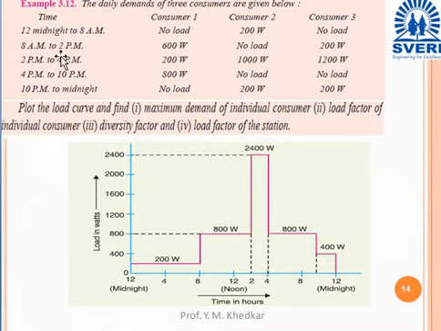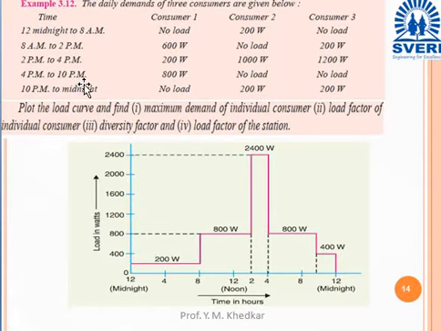In between 8 am and 2 pm consumer 1 is consuming 600 watt, and consumer 3 is getting 200 watt. From 2 pm to 4 pm, 200 watt, 1000 watt and 1200 watt will be consumed by consumer number 1, 2 and 3 respectively.